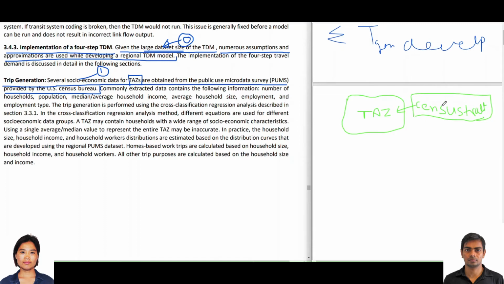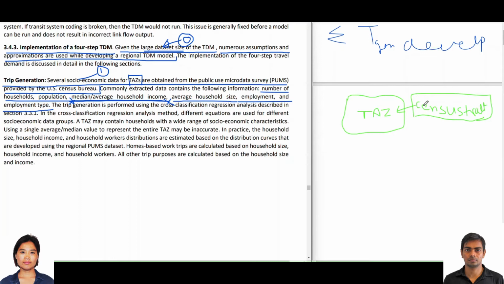So first we take the census tract data which contains information on number of household, population, median income. One point to note here is median income and not the distribution of income. So we'll talk about that soon. Average household size and not the distribution of average household size, employment and employment type.